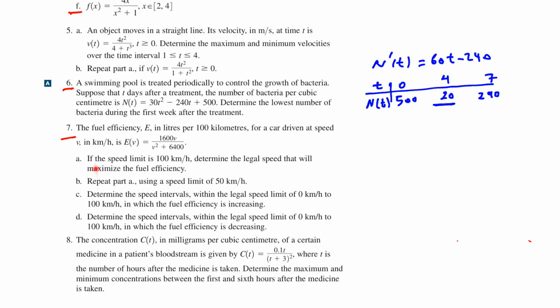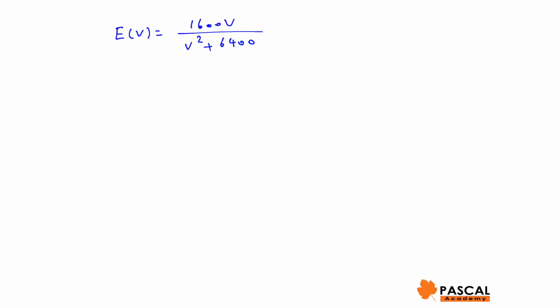Part A. If the speed limit is 100 kilometers per hour, determine the legal speed that will maximize the fuel efficiency. We are looking for the fuel efficiency when V is greater than or equal to 0 and less than or equal to 100.